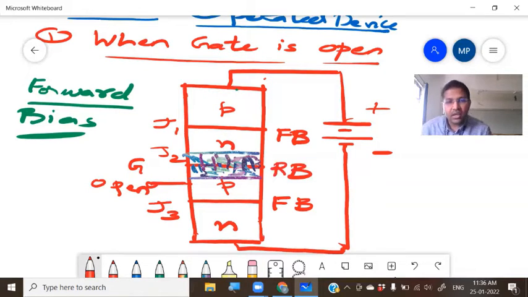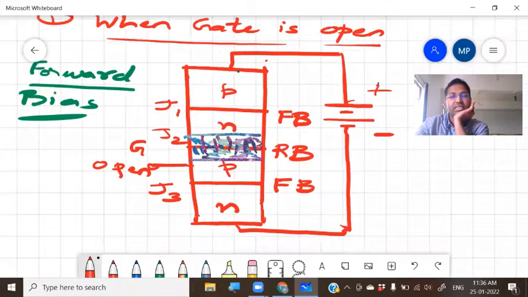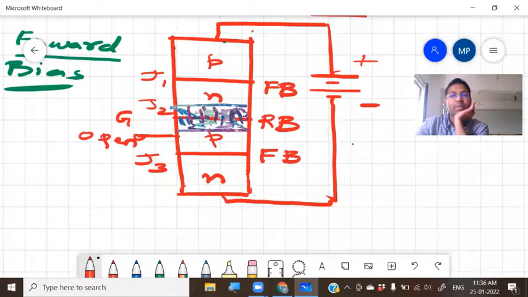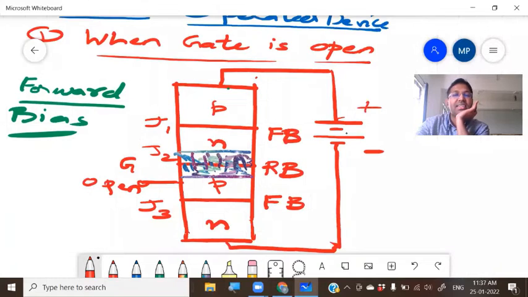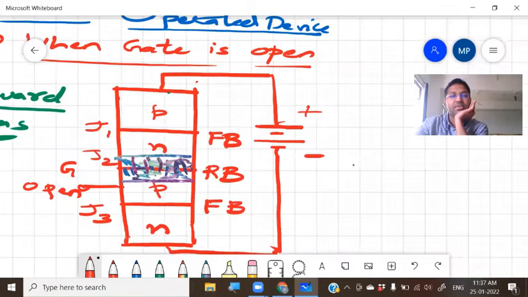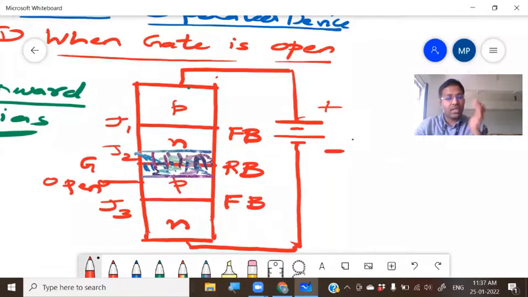Now, because of this, how do the device characteristics change? Now we will consider the case: what happens when we gradually increase this forward voltage? First of all, we can name this voltage as forward voltage.